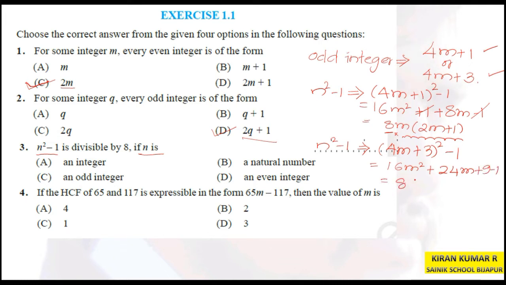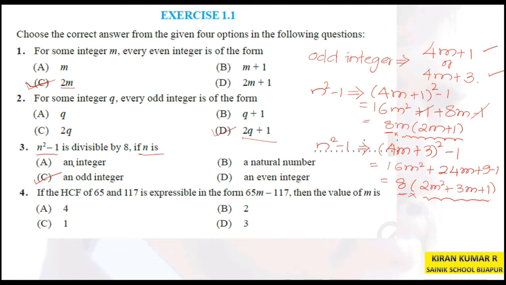Further, I can express this as 8 times 2m square plus 3m plus 1. So it is 8 multiplied to this. So when it is 4m plus 3 also, it is divisible by 8. Therefore, the right answer is option C, an odd integer.